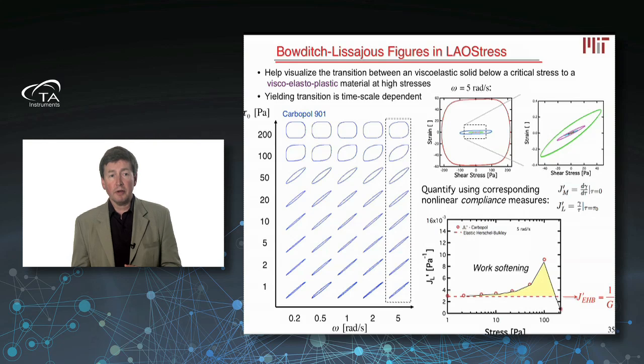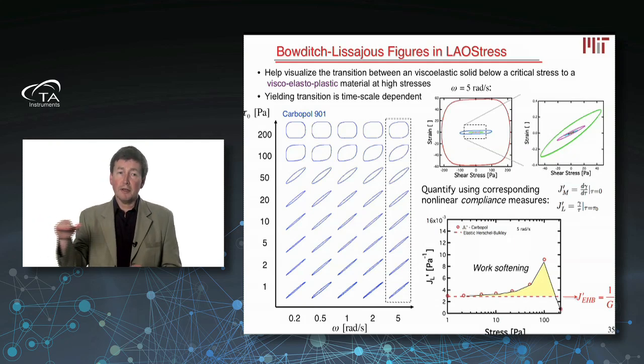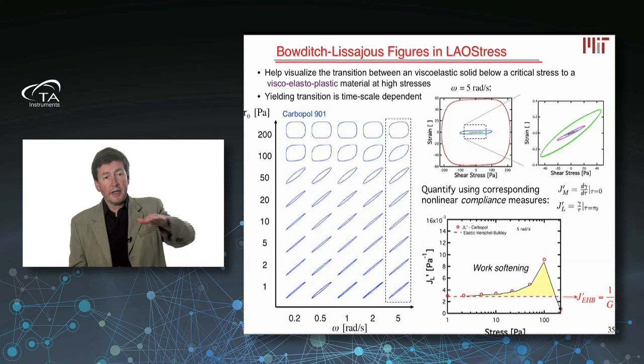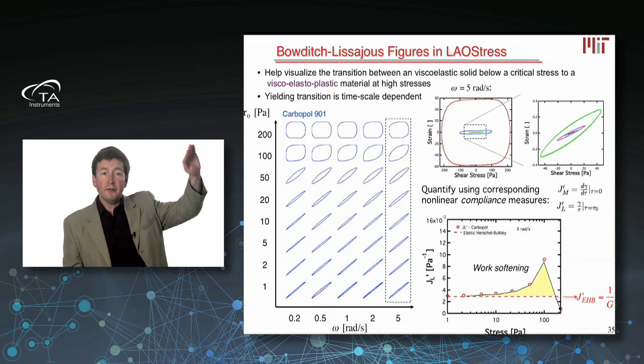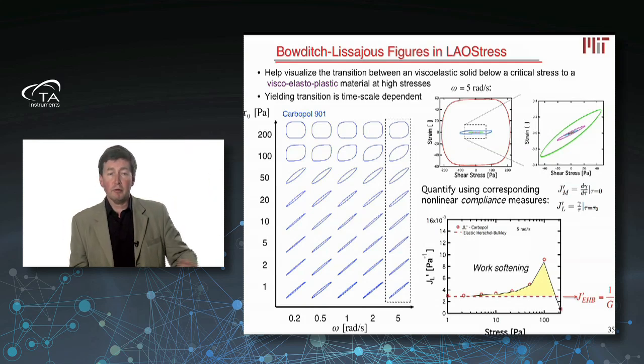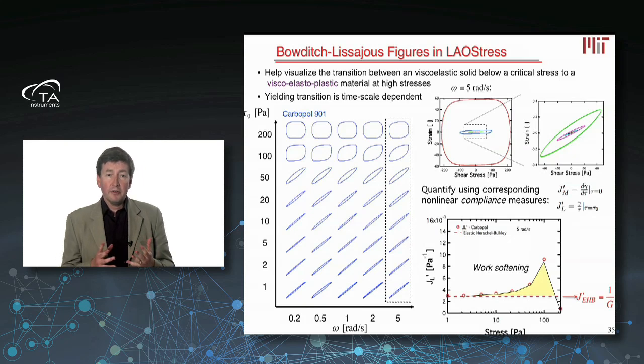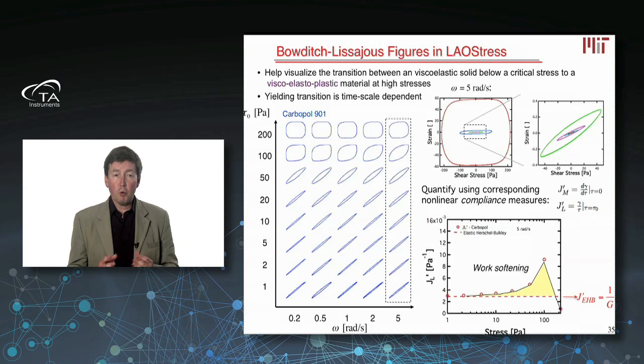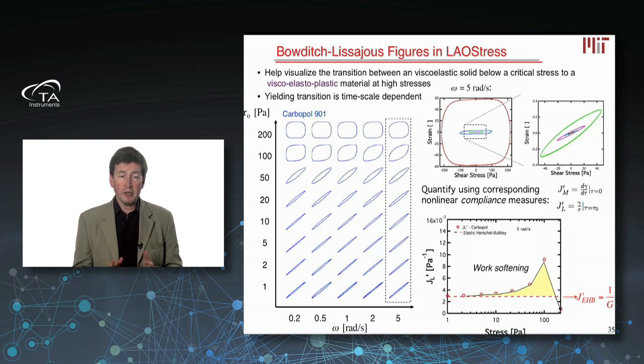So here I've plotted the large strain compliance, or J primed L. And a simple theory like a Bingham model or an elastic Bingham model would predict a constant value for the compliance here. The way you can see this material is softening is by plotting the compliance, and you can see that the compliance actually gets larger and larger and larger until a critical stress, and then the material flows. Okay, so it's very easy to see that it becomes a nonlinear solid, and then the material begins to flow, all from this one coefficient that you can measure in LAOS.